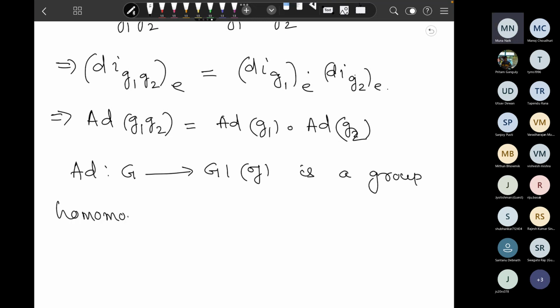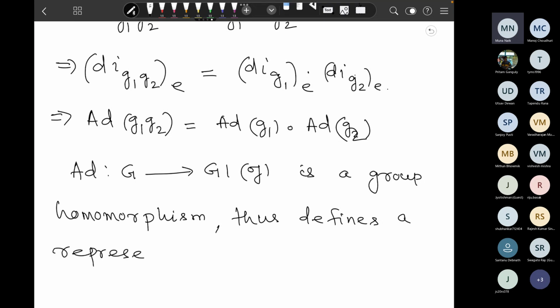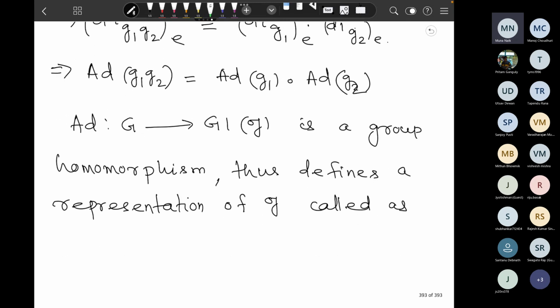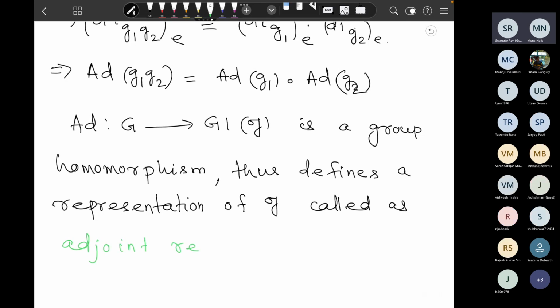And these are called representations. This defines a representation of G called the adjoint representation. It is continuous, hence smooth.